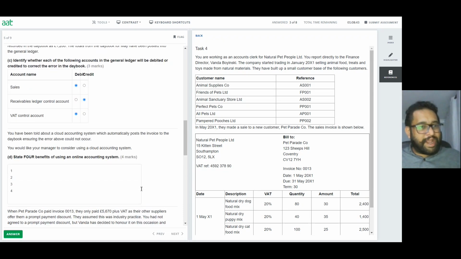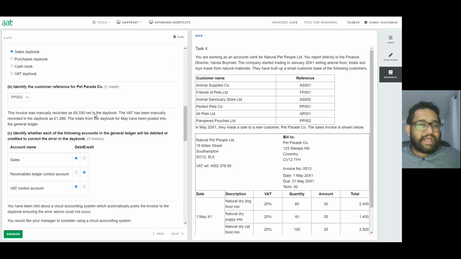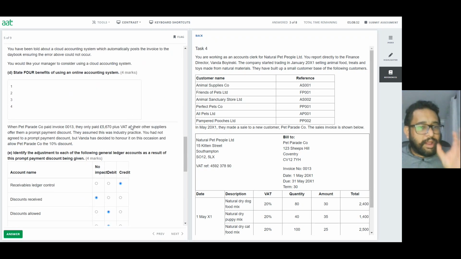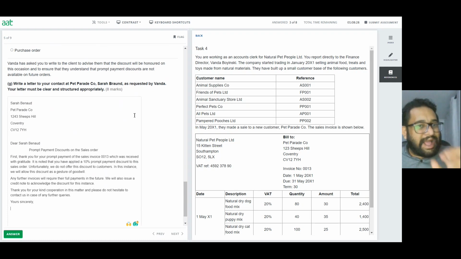So Vanda is your manager. I don't know what's the full name for Vanda. Let me see. Vanda Boyinski. So she asked you to write the letter, but you have to do it under her name. Therefore, it's very important. So you use her name.